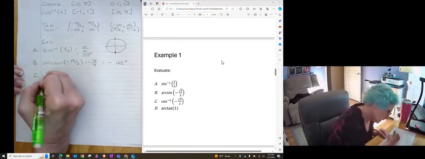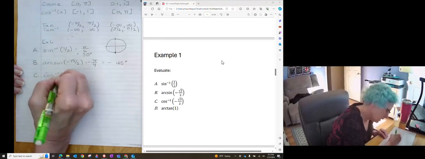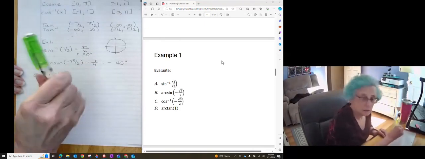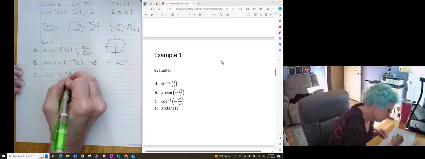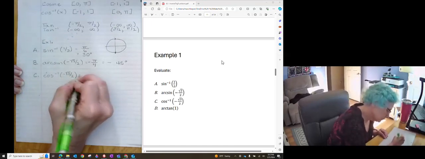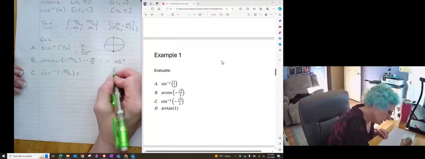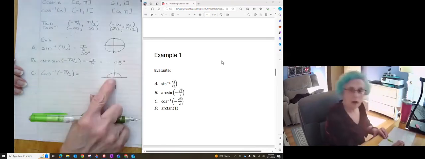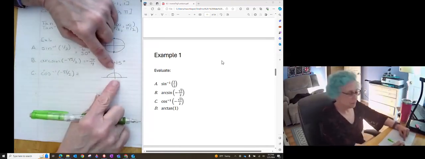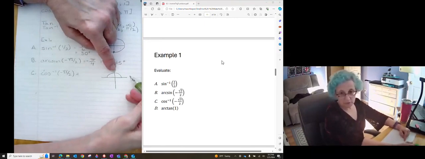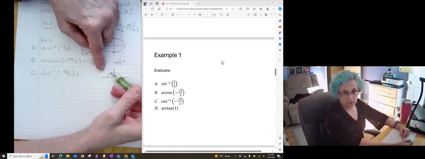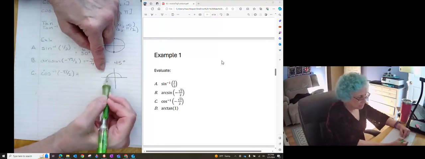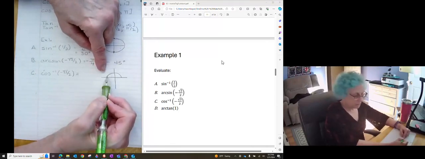Inverse cosine, or arc cosine, of negative square root of 3 over 2. So this time, I'm looking at the top half of the unit circle. Cosine's positive over here and negative over here. So I know my answer lives on this part of the unit circle.